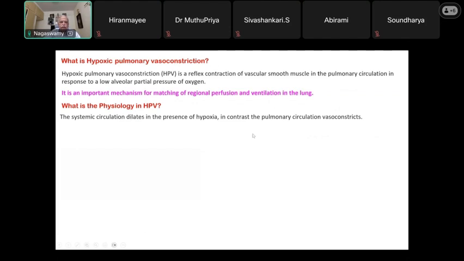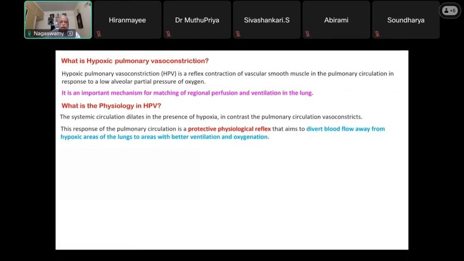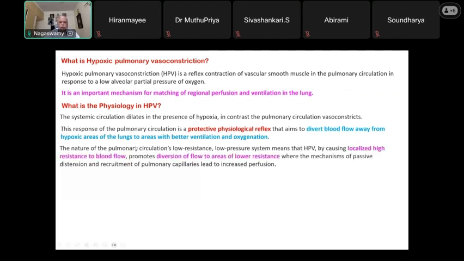Vessels constrict if there is hypoxia in the alveoli. So it's a protective physiological reflex, diverting blood from the hypoxic areas of the lungs to better ventilated areas. The localized high resistance to blood flow promotes diversion of blood flow to lower resistance areas so that well ventilated lungs will get more blood supply.